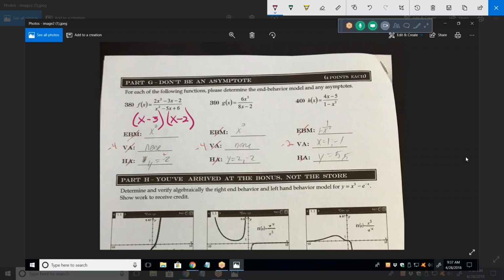And now tell me where the denominator is 0. It's 0 when x equals 3 and x equals 2. So you have two vertical asymptotes at x equals 2 and x equals 3. And horizontal asymptotes: you also have a horizontal asymptote on 38. It would just be the same as the end behavior model, which would be 2.